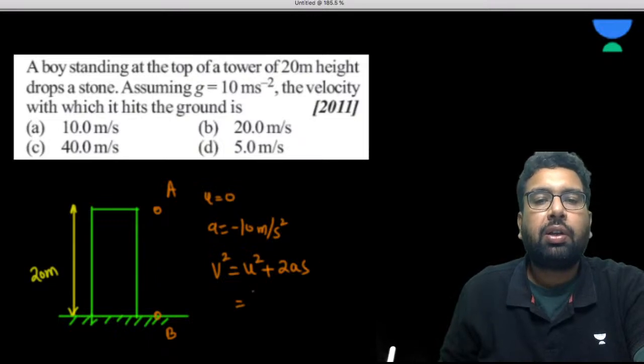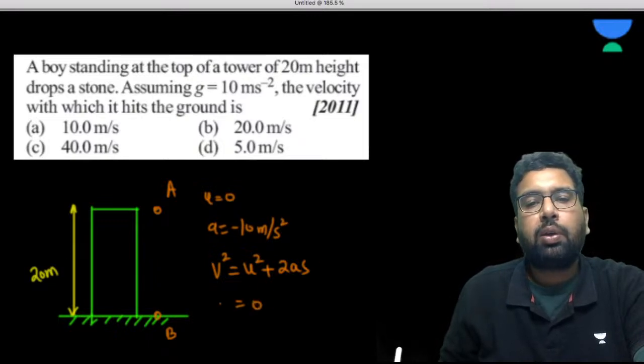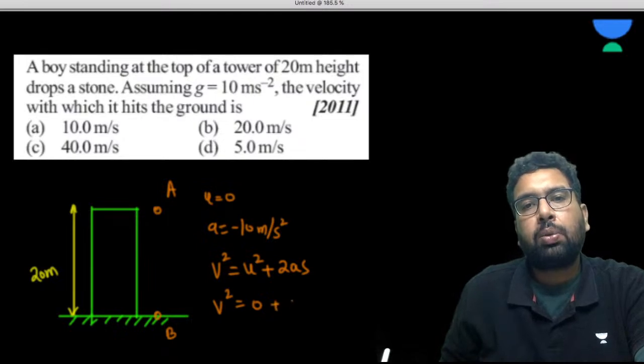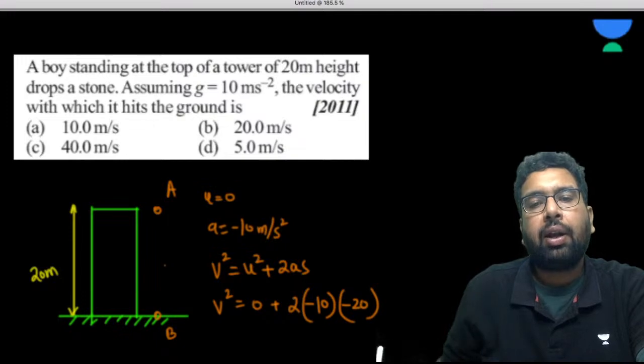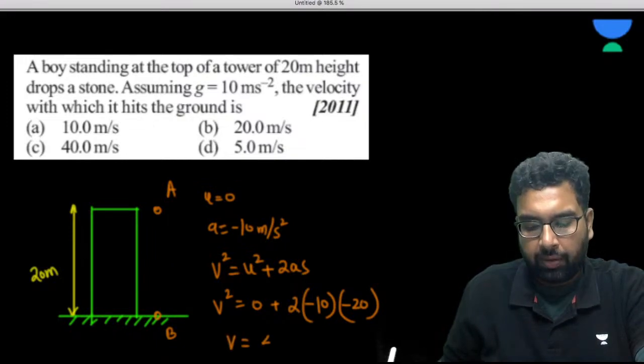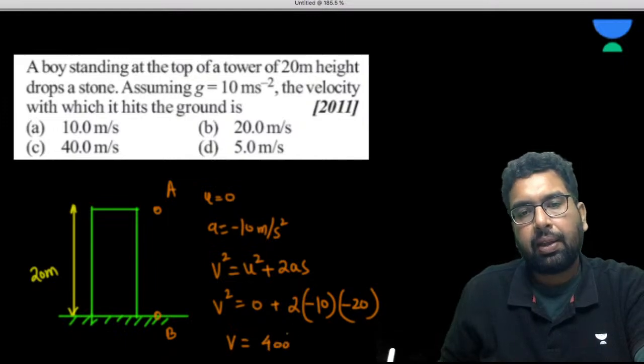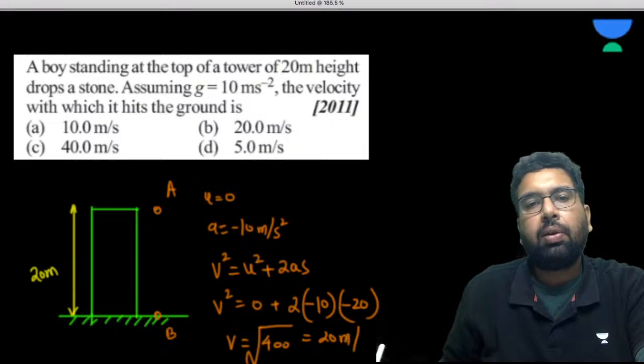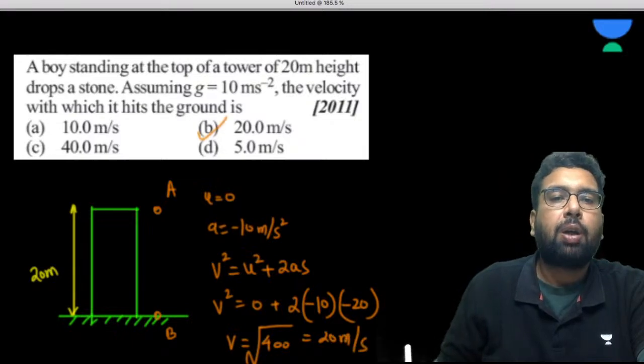Initial velocity is 0, so this is going to be v square equal to 0 plus 2 into a, which is minus 10, and the displacement is going to be minus 20 because I have taken the reference from A. So v square is 400, v is root 400, so 20 meter per second. That is the B option.